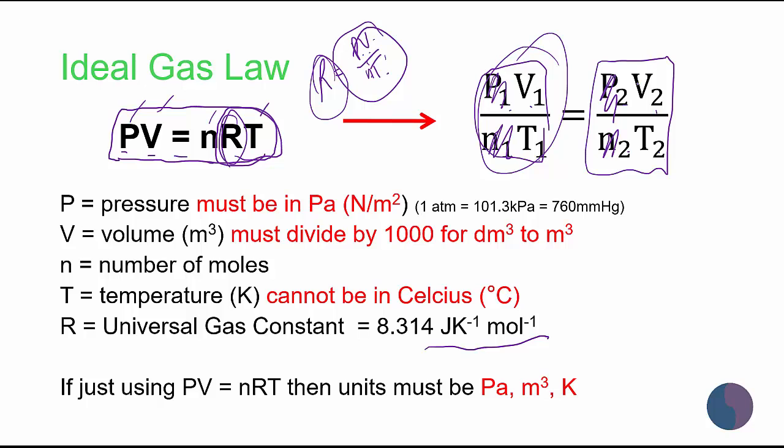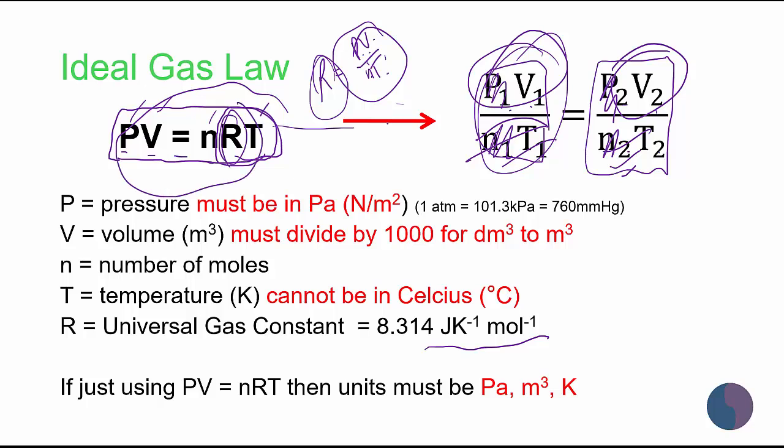So you get V1 on T1 equals V2 on T2, or maybe you're just looking for this, P1 V1 equals P2 V2 if the temperature and number of moles are the same. So basically all you need to know is this, that converts to this, and then you just cross out the bits that you don't need. And so you're done. So you're good to do gas law equations, almost.